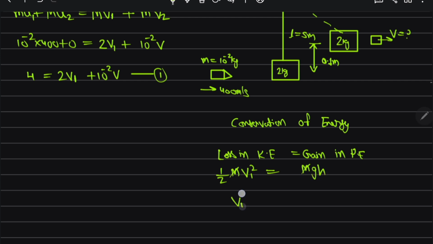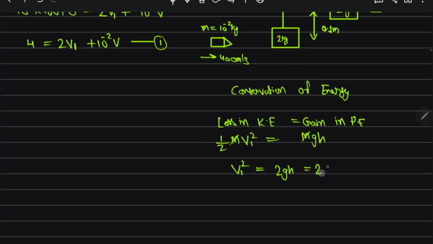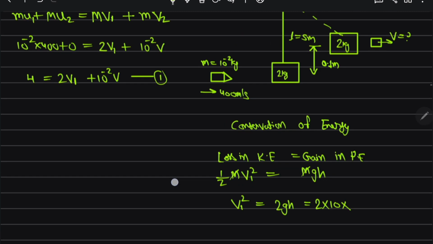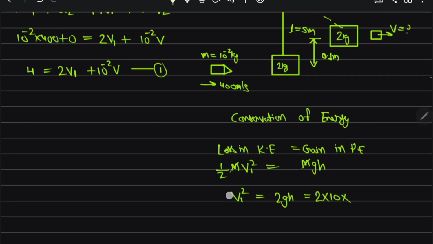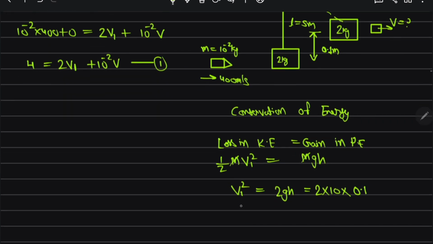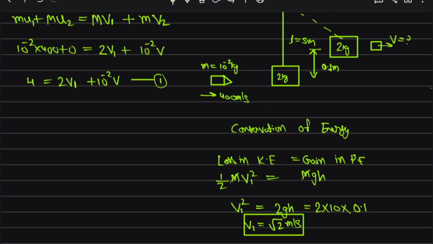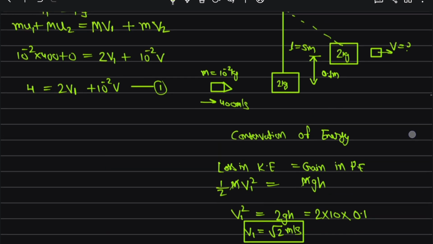So v1 square is equal to 2gh, and g and h is 0.1. So this comes out to be under root 2 meter per second. We have found v1 is equal to root 2 meter per second.